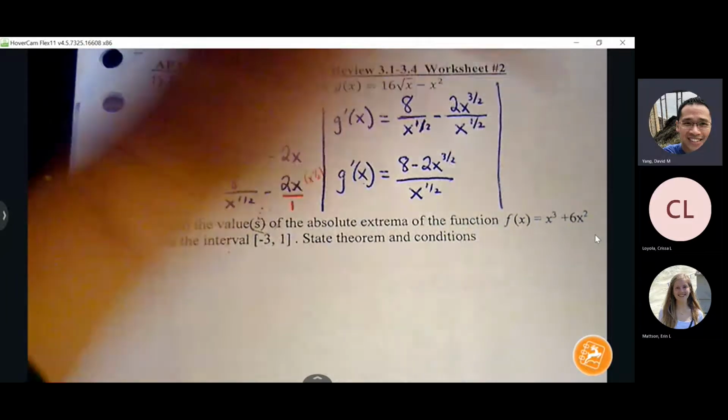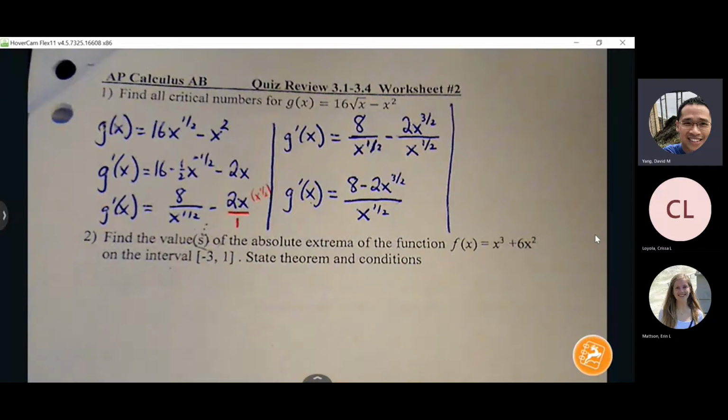So now to find critical values, critical numbers, I'll set the numerator equal to 0, denominator equal to 0, and whatever x's give me, those are my critical numbers.